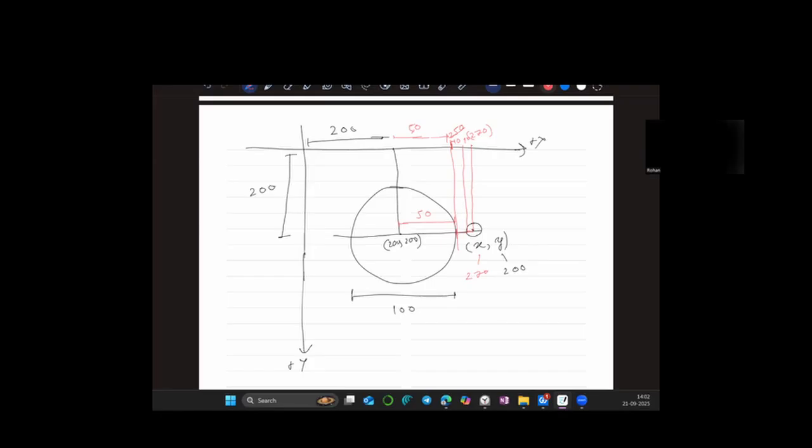So essentially what you have to do is create the circle function with x-axis of 270, the y-axis is going to be the same, 200, and the diameter will be 20. So that's what we're going to do now. Let me switch back to p5.js.